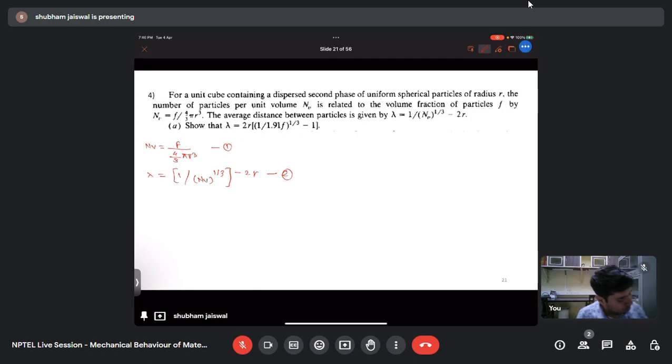So put the value of NV in equation 2. So what we will get?